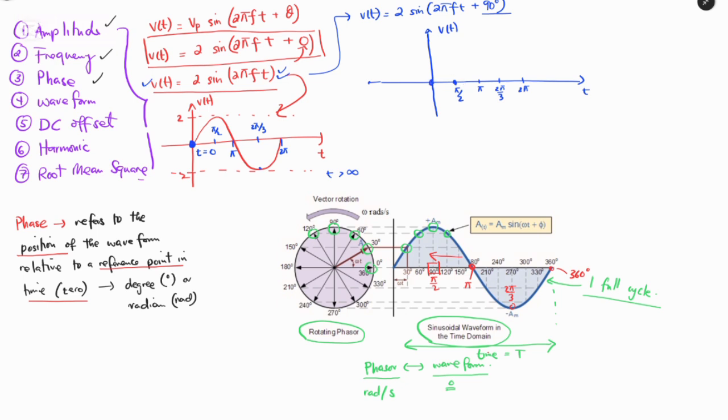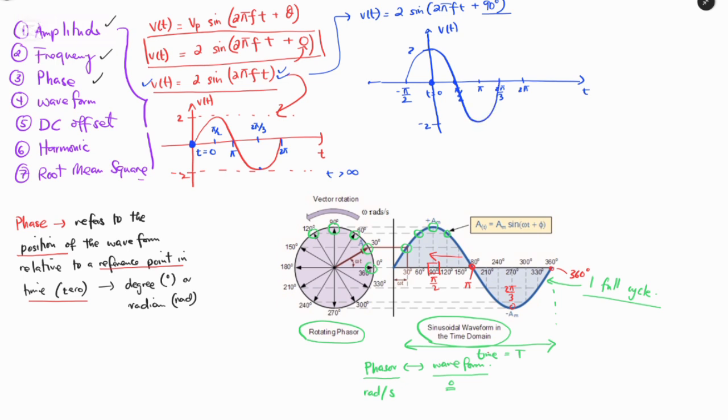So initially the signal starts at t equal to 0. Now the signal will start from minus pi on 2. So you will now have the waveform. We have 2 and minus 2. The signal will look something like this.